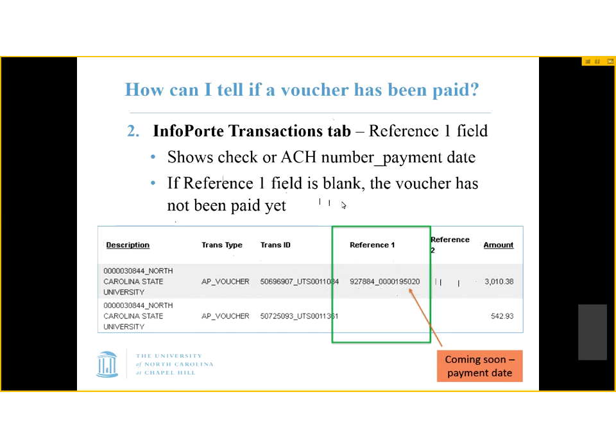So right now, again, today is August 5th, 2016. If you were to go in today, what this reference 1 field is showing you is the reference payment number, which is either the check number or the ACH number, with the underscore followed by the system-generated reference number. The system-generated reference number is slated to change to actually be the payment date.